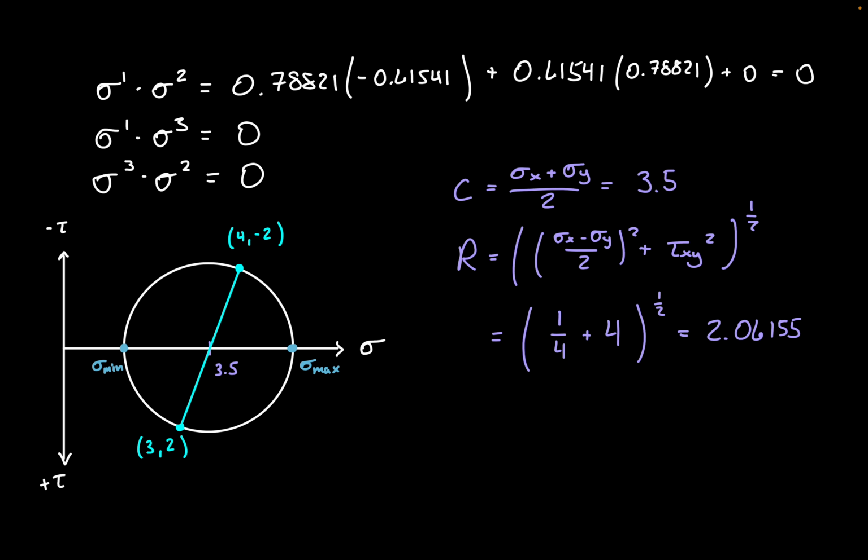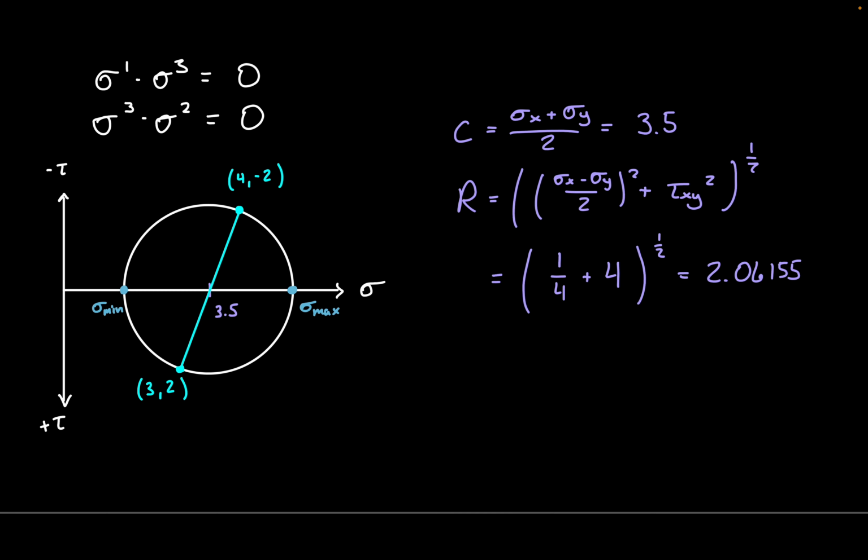Now, to calculate this sigma max and sigma min, we can say that sigma min is going to be equal to the center minus the radius, and sigma max is going to be equal to the center plus the radius, right? We're starting at the center, and then going a radius distance out, or a radius distance back.